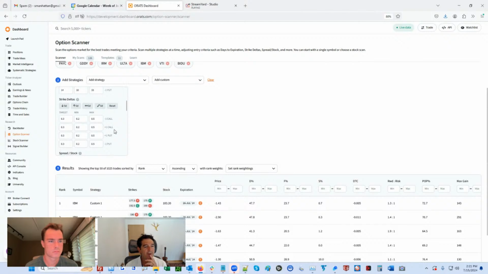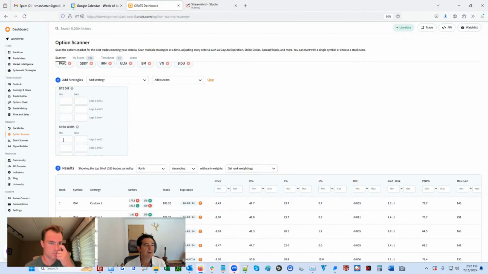Let me make sure we have it right. So we're selling a call. That's going to be the high strike. So this one, I think we want this to be like 100 minus 95, so that it would be 2.50, and then 2.50, and then the puts.